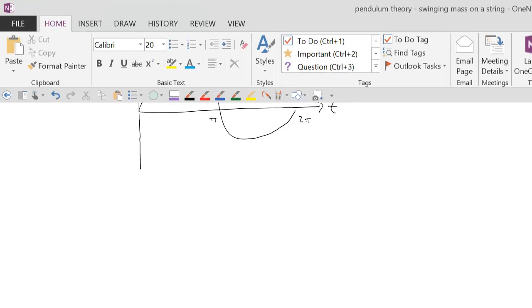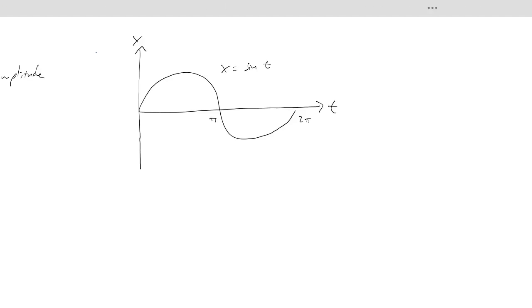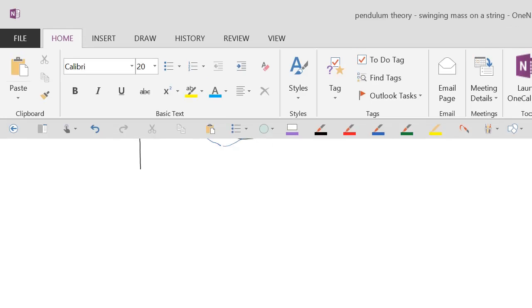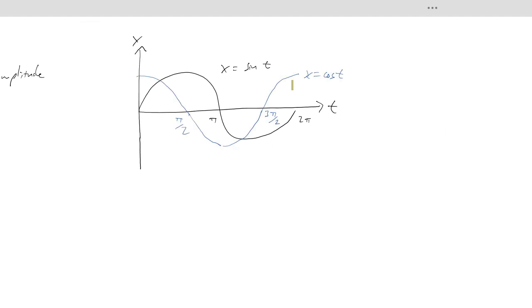And then I can do in blue, and I always want to make sure that everything is lining up properly. The blue is x equals cosine of t. So this would be pi over 2, and this would be 3 pi over 2. In the small angle region, small angle would really be just small t here.